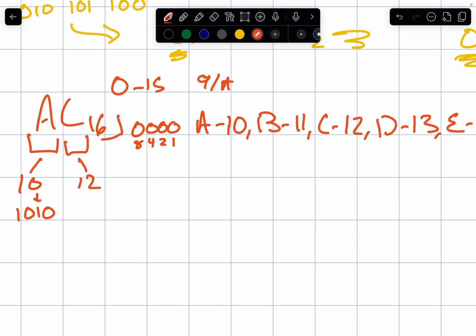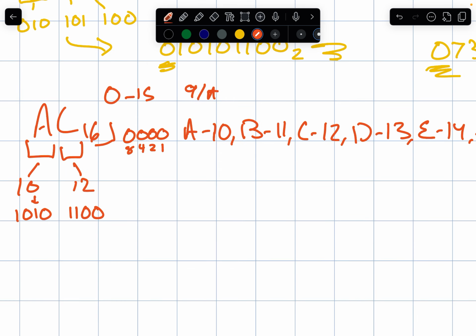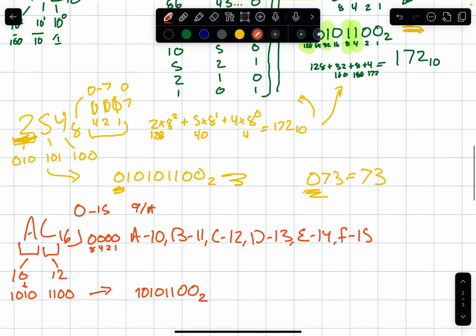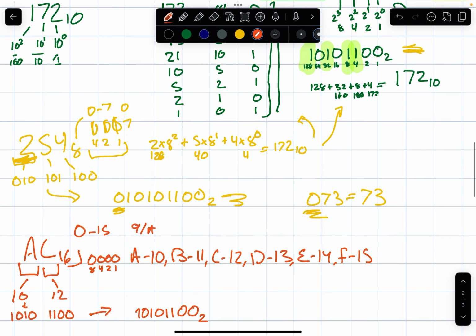And then 12 is going to be 1 in our 8s, 1 in our 4, 0 in our 2, 0 in our 1s. All right, so then that actually is the binary representation for that. And we know this because it's the same as these values that we have up here and right here.